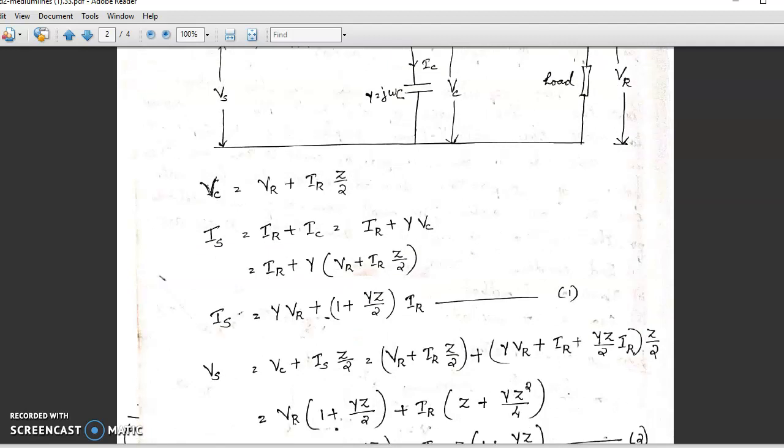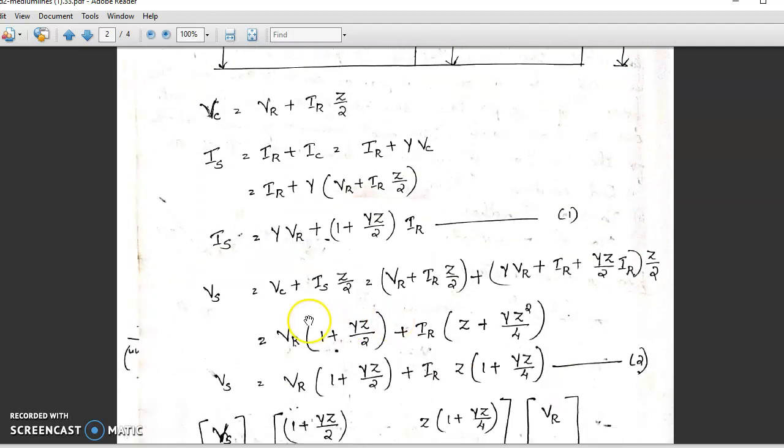Next, our aim is to express Vs in terms of VR and IR. So I already told Vs is equal to Vc plus Is into Z by 2. So that is equal to VR plus Is into Z by 2. We know what Is is, so substituting for Is, we get IR into Z by 2 plus YVR plus IR into Z by 2.